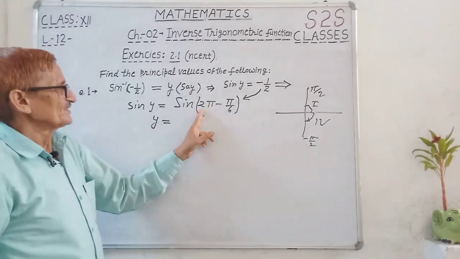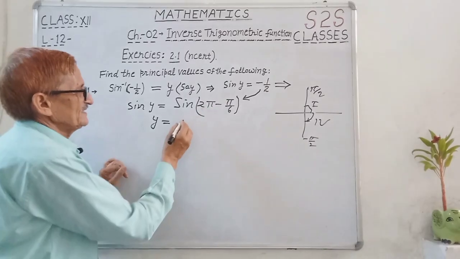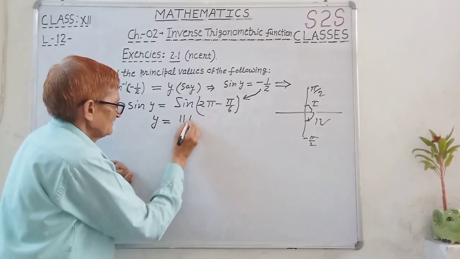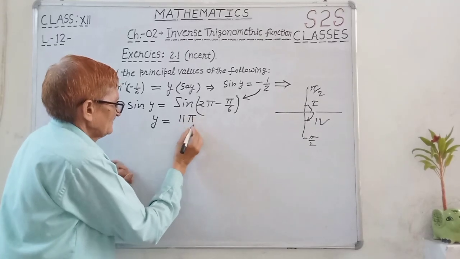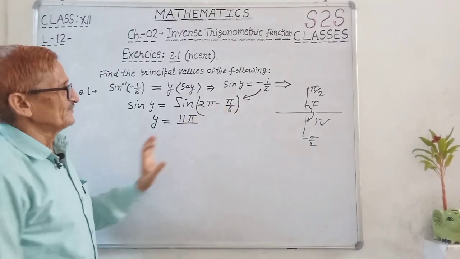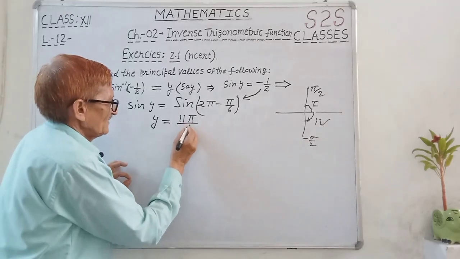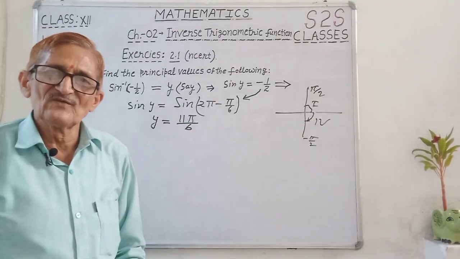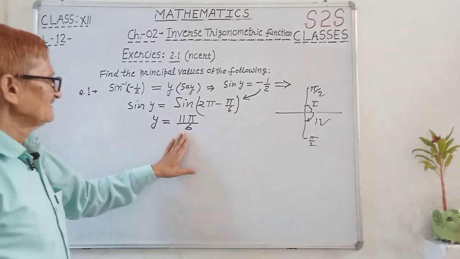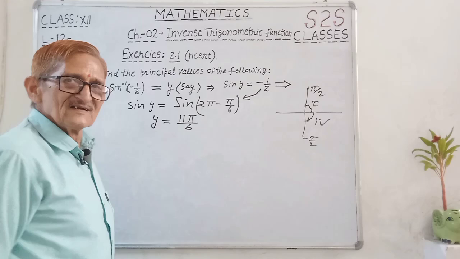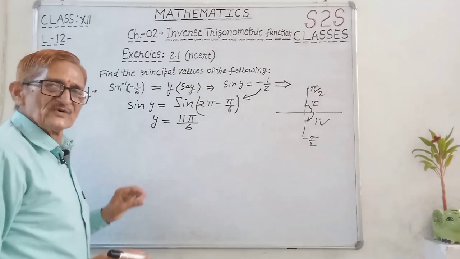Simplify: 6 2 are 12, 12 pi minus 1 pi, 11 pi by 6. So this is the value of y, but in output it must be between minus pi by 2 to pi by 2.